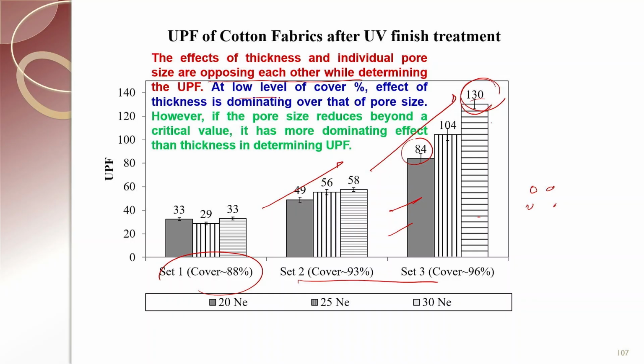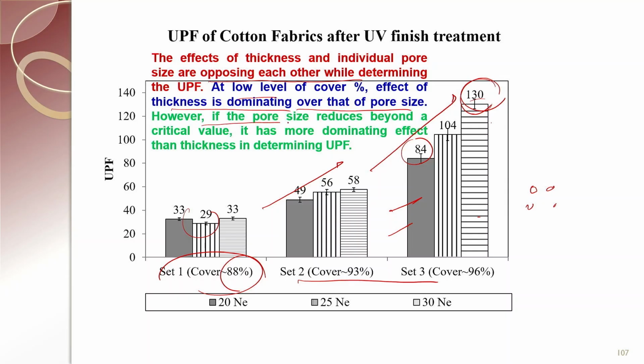So, at a lower level of cover like 88% cover, the effect of thickness is dominating over the pore size. So, there we will get some drop in UPF value as the yarn becomes finer.